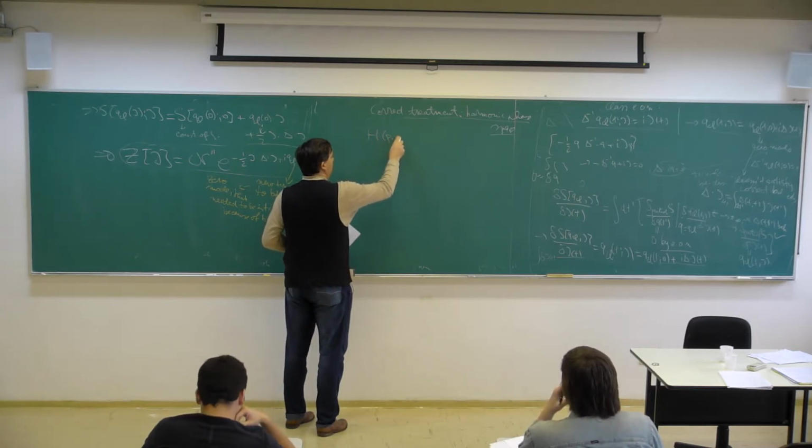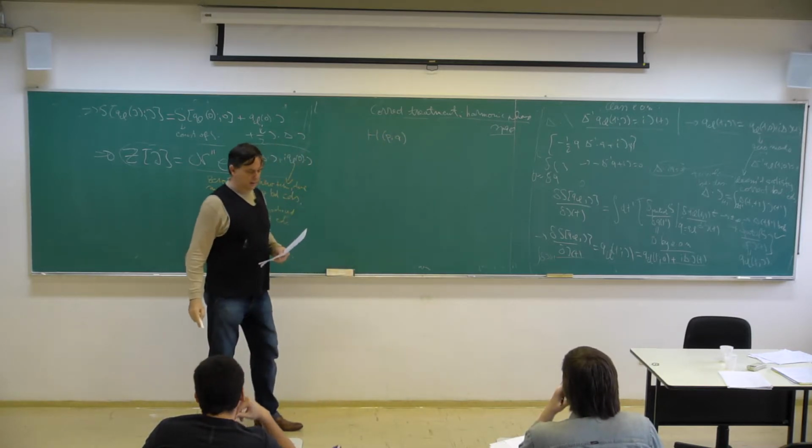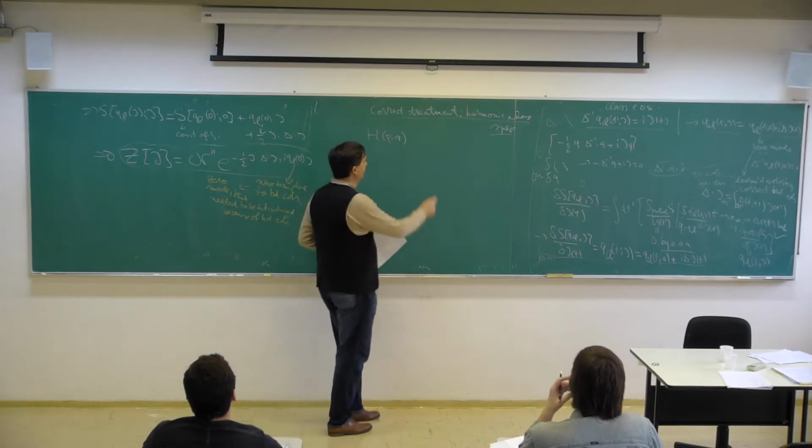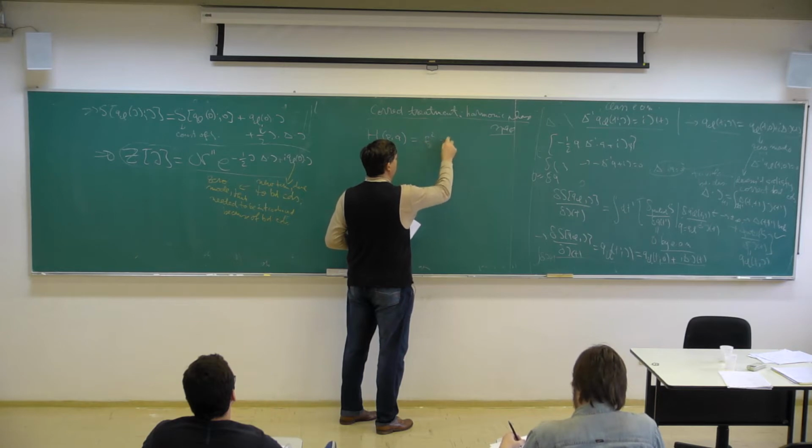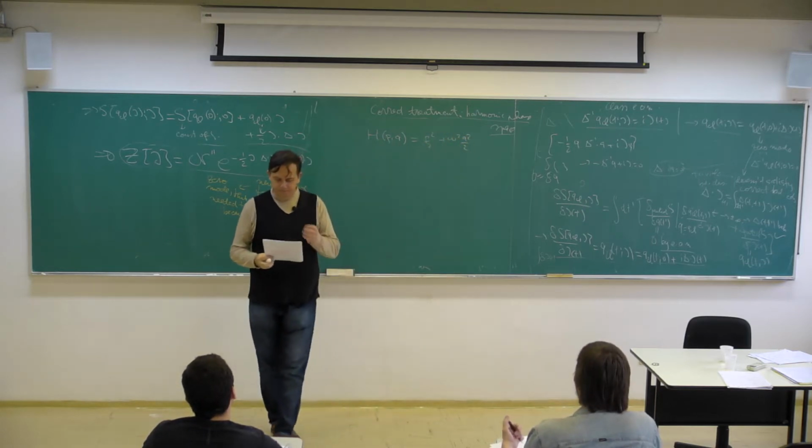Since we're talking about the harmonic oscillator, the Hamiltonian for this was p squared over 2 plus omega squared q squared over 2.